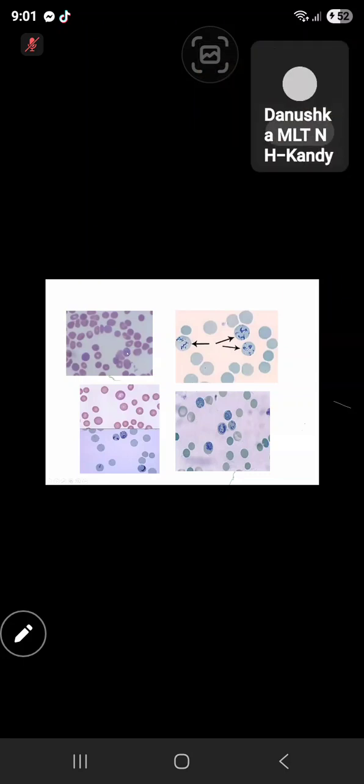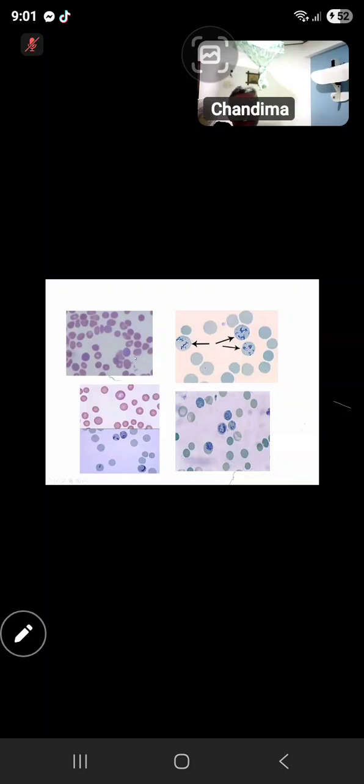But if it is an NRBC, you can see a clear cytoplasm around the nucleus. It does not look like a polychromatic cell. You can see a nucleus and a clear margin of cytoplasm, or maybe an eccentric nucleus, as in a late normoblast. The nucleus becomes eccentric, and on the other side of the cell you can see the cytoplasm clearly. It can be clearly differentiated from polychromatic cells.